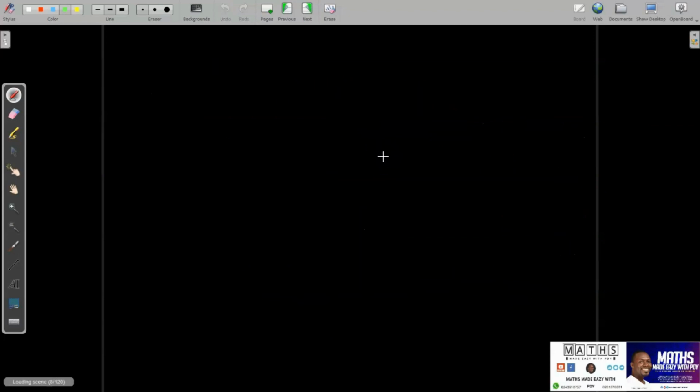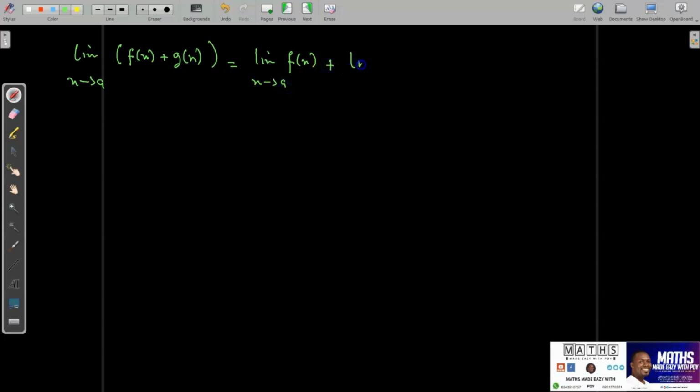The next theorem I want to bring on board is this. If I have the limit of two functions, f of x plus g of x, as x approaches a number, it is still going to give me the limit of f of x separately as x approaches a, plus the limit of g of x as x approaches a.